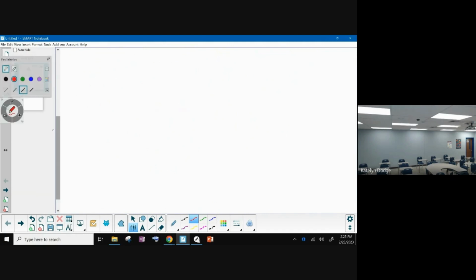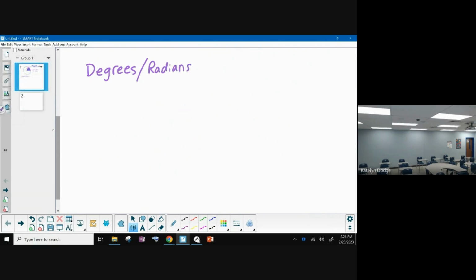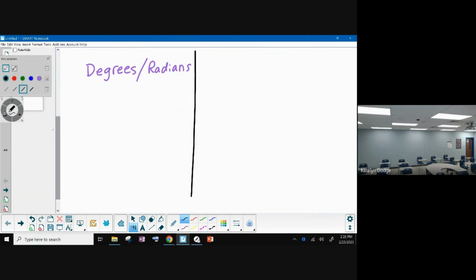I want us to think about this in 3 main categories. One, we're going to have degrees, or this could be in radians. Basically, that's just going to be the measurement of my angle, right? So that's my angle measurement, degrees or radians. I'm also going to have area as part of this relationship.